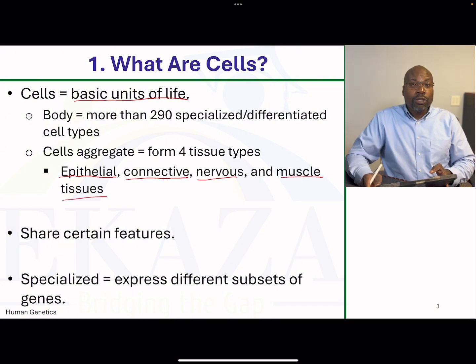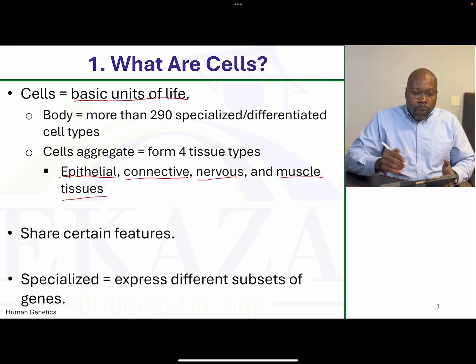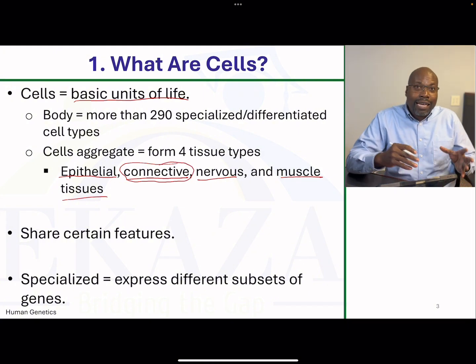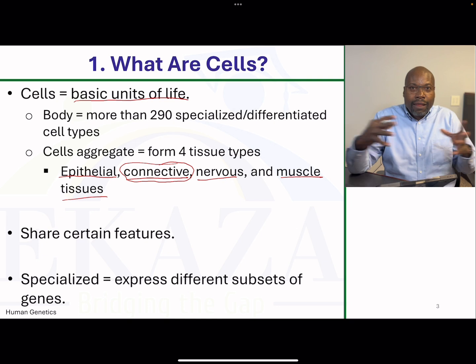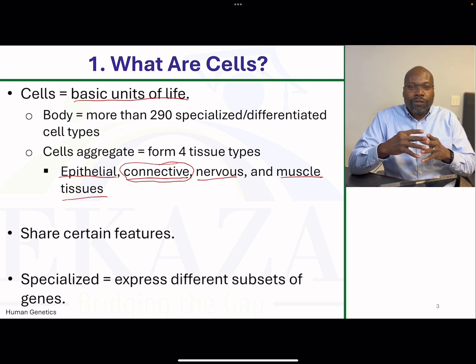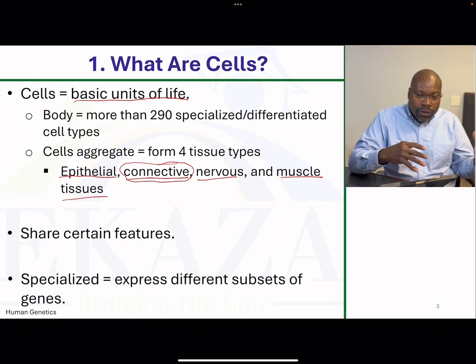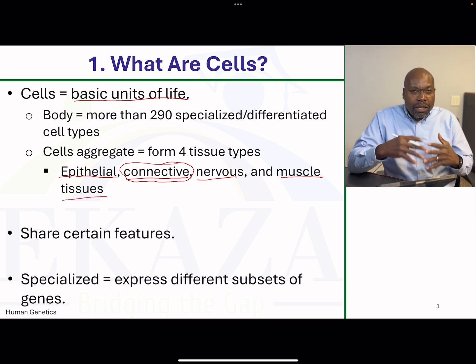Now, epithelial tissues are found covering surfaces, while connective tissues behave like glue. They are bringing 2 different tissues together with some form of glue.